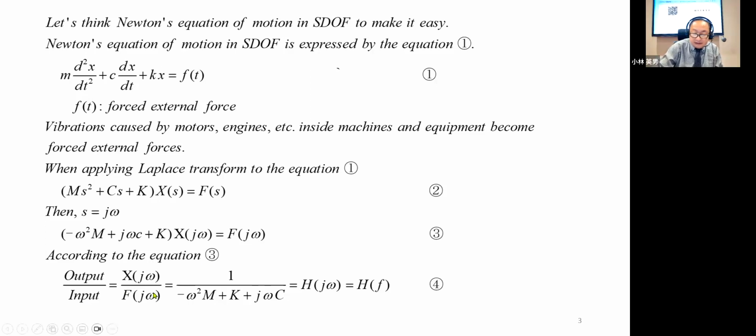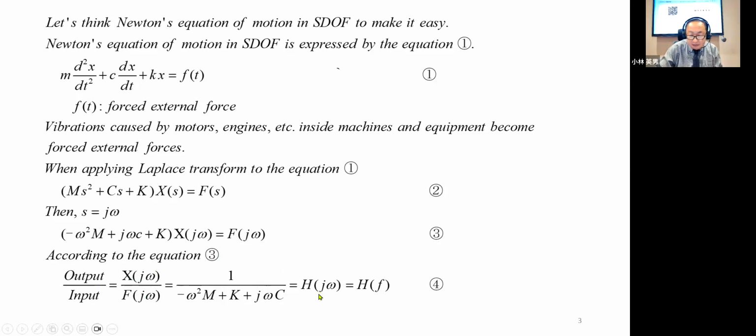The input is, as I explained, F(jω). The output is X(jω). This fraction becomes this one from equation 3. To express this, we use H(jω) or H(f), where ω equals 2πf. So this H(jω) is written H(f).